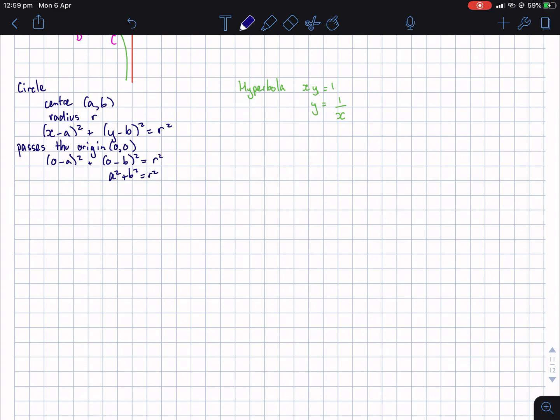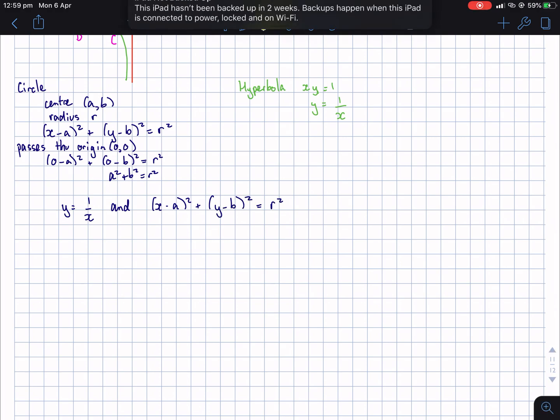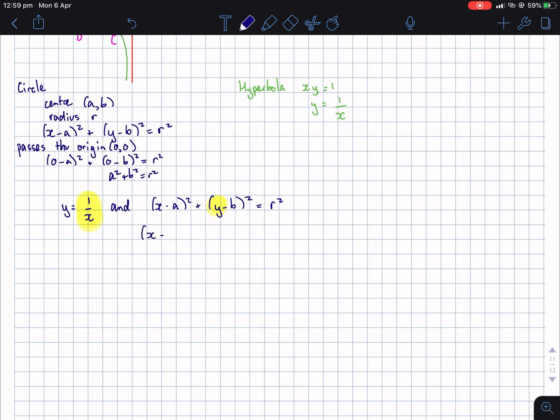Well, if I've got y equals 1 on x and (x take a) squared plus (y take b) squared equals R squared, I'm going to substitute that for y. So I've got (x take a) squared plus (1 on x take b) squared equals R squared.